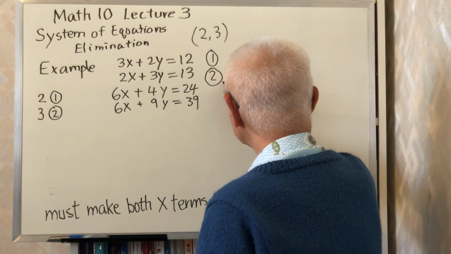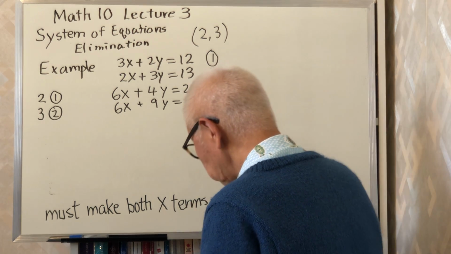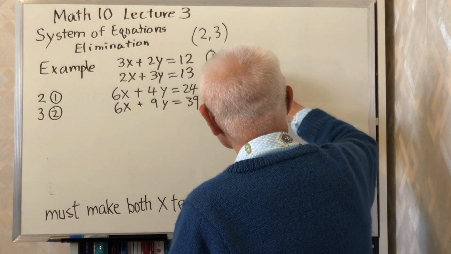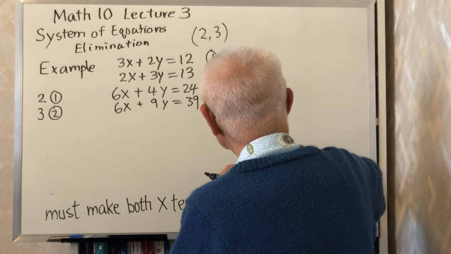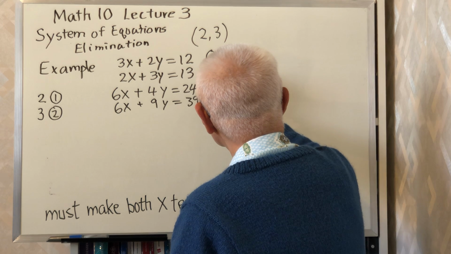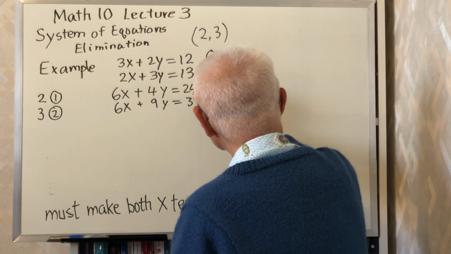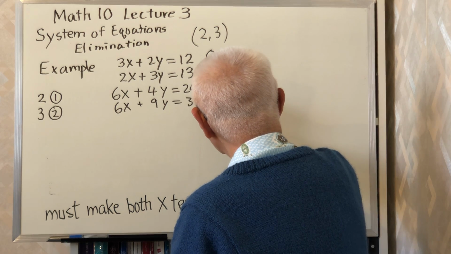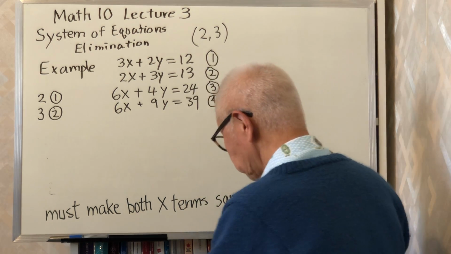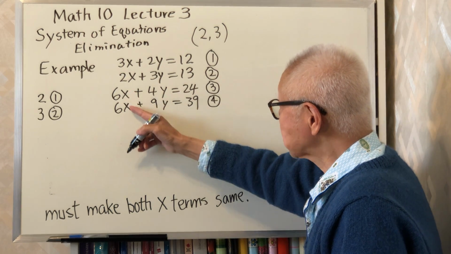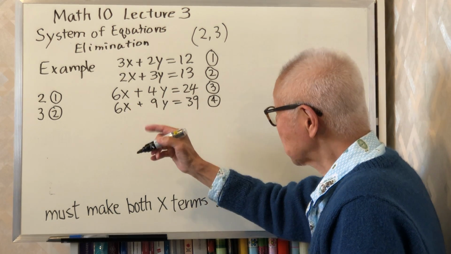So now I have equation 3 and equation 4. Six x, they are the same.